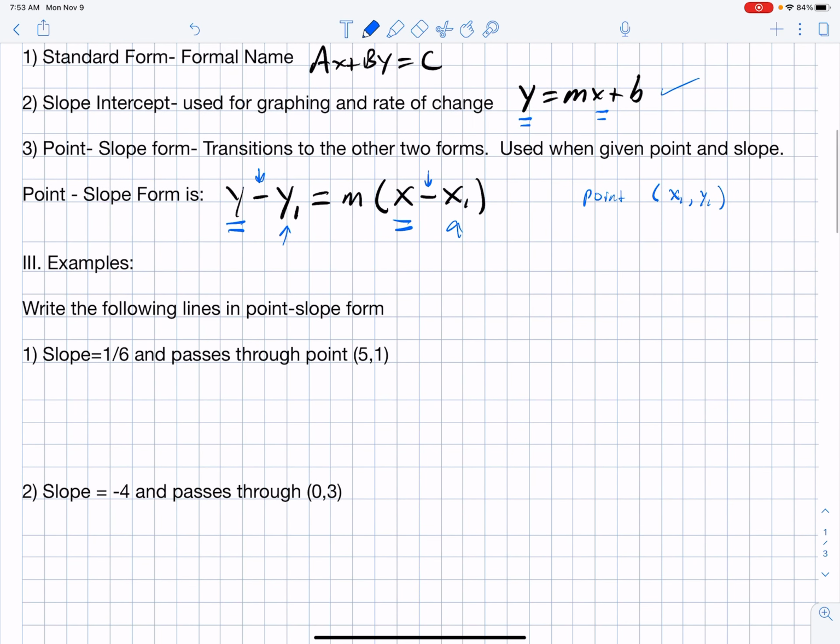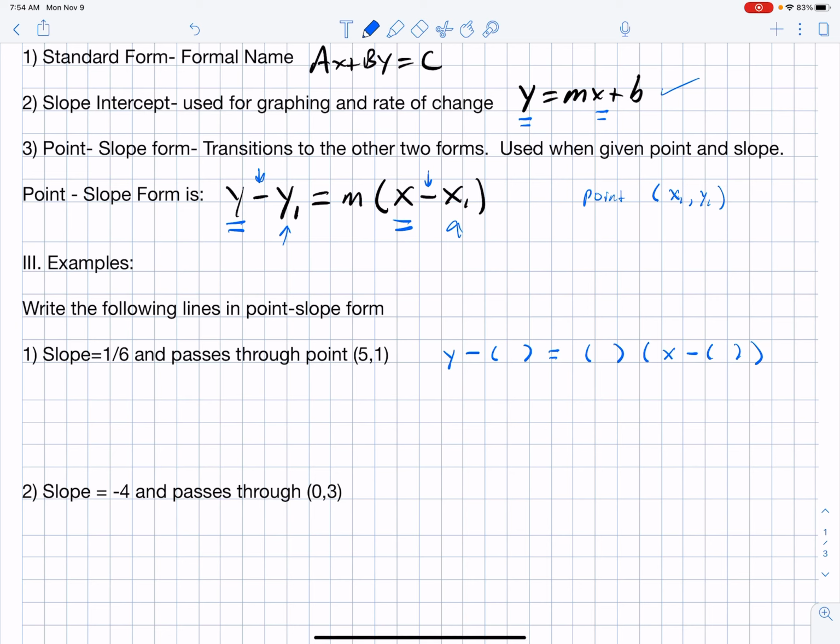So if we want to write the following lines in point-slope form, we have a slope of 1/6 and it passes through the point 5, 1. So we're just going to plug in. We're going to be very careful because there's a lot of negatives in this. y minus the y-coordinate equals the slope times x minus the x-coordinate, okay?